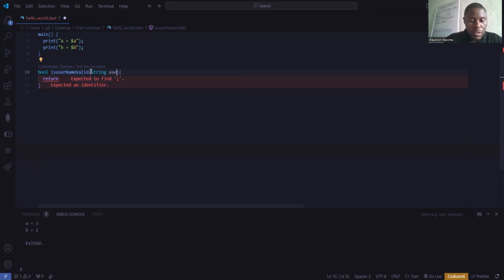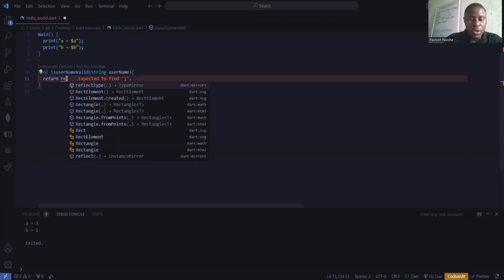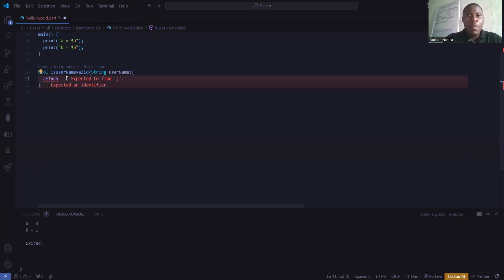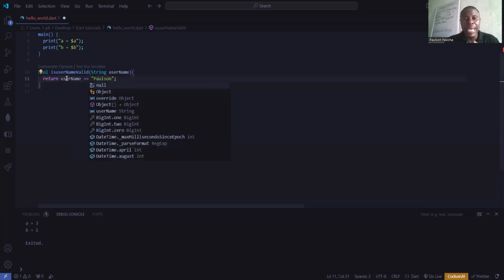This is the username the user will give us. My logic will be different from your logic anyway, but let's say I just return username equal to person. I'm just hard coding the username here. The username can come from the user's input or something.